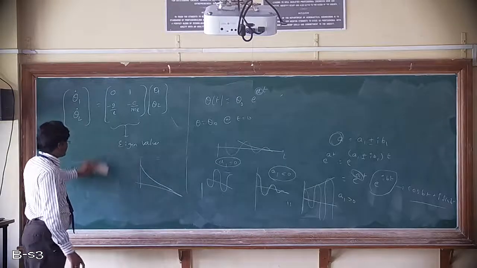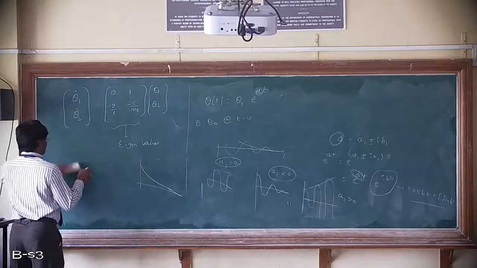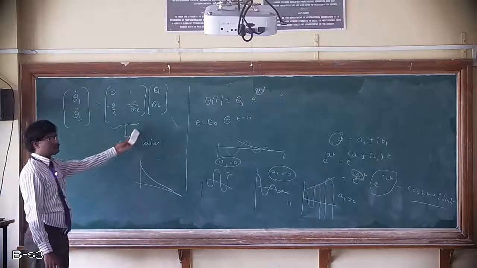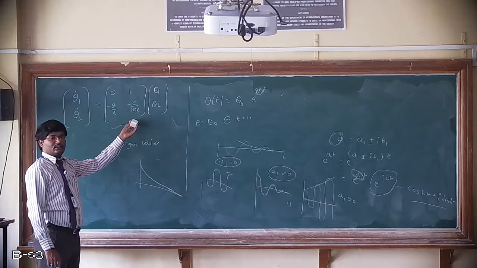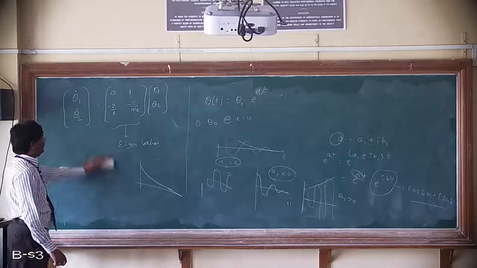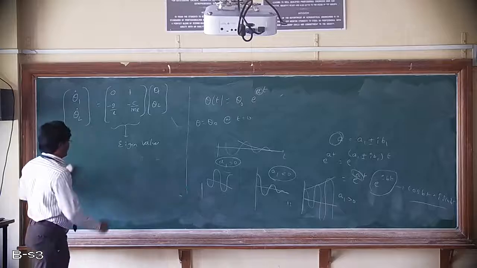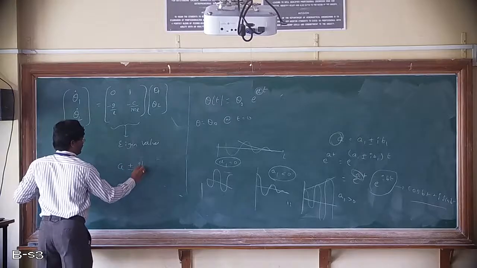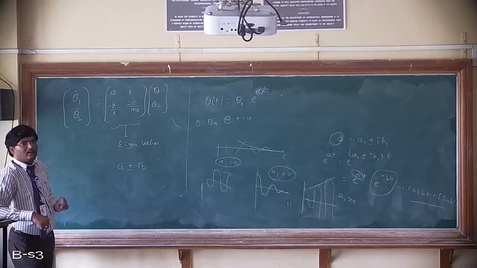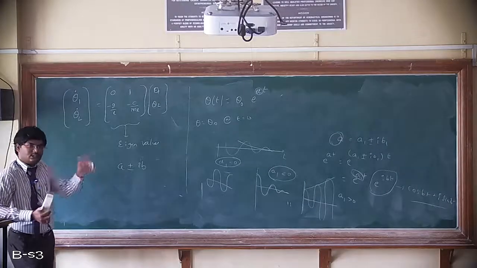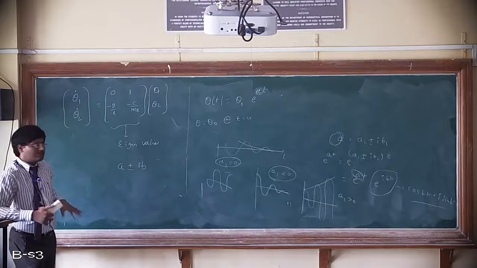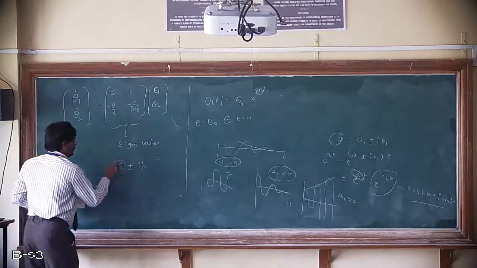If the eigenvalues are complex numbers like minus a plus or minus ib, then definitely the response is oscillatory, no doubt, but stability depends on the real part.